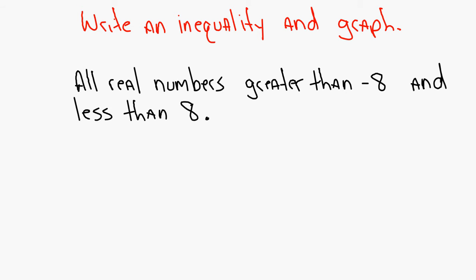So you're going to write an inequality for all real numbers greater than -8 and less than 8. So this is an and inequality. So when it's an and inequality, you put the -8 and you put the +8, and the variable goes in the middle.